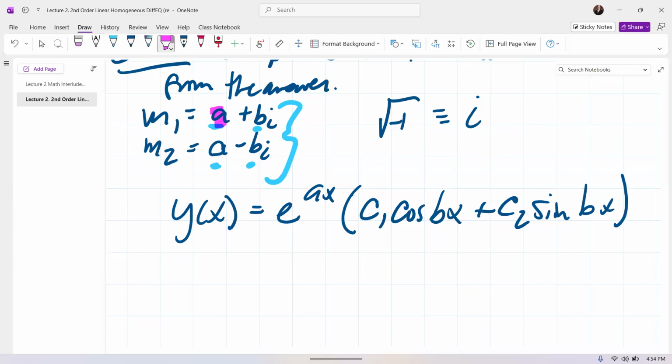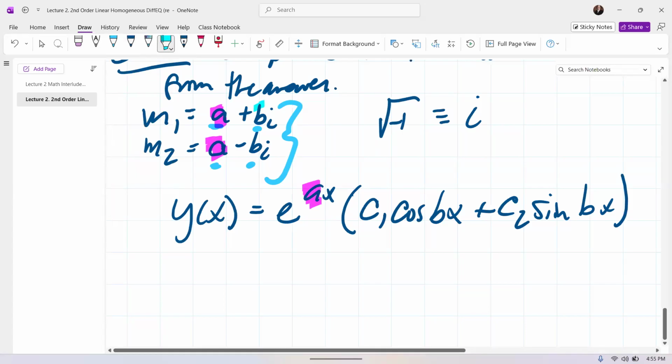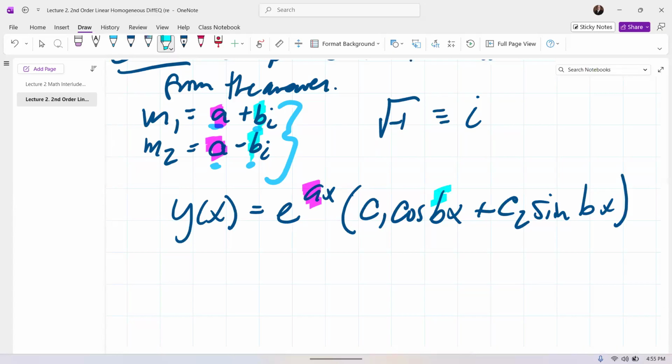You have a right here. A is also here. A shows up here. And the b is the other one, so let's pick a different color for b. Here's b right here. It's also b here, and b is here, and b is here. That is what you need to look for and substitute in. And that is how you will solve this.